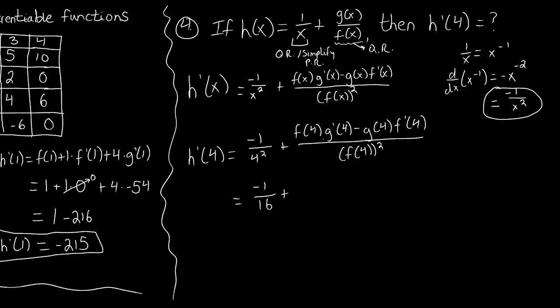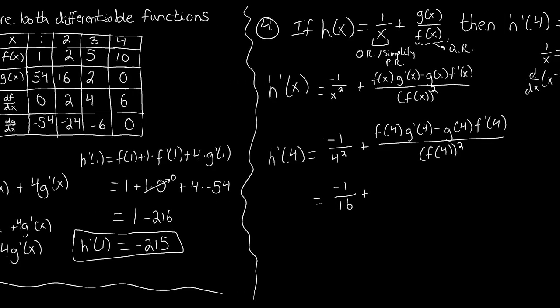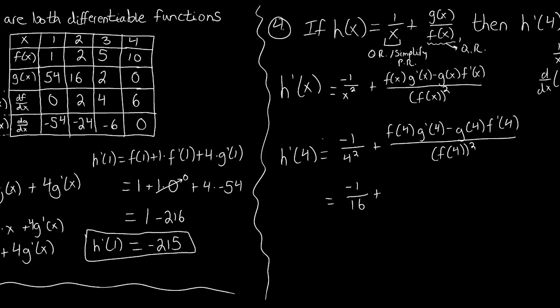Now we're going to consult our table that we wrote over here. I'll have it here this time so we can see it. So here, f of 4 we know evaluates to be 10. g prime of 4 is 0, minus g of 4 is 0 times f prime of 4 is 6. And then f of 4 squared is 10 squared.